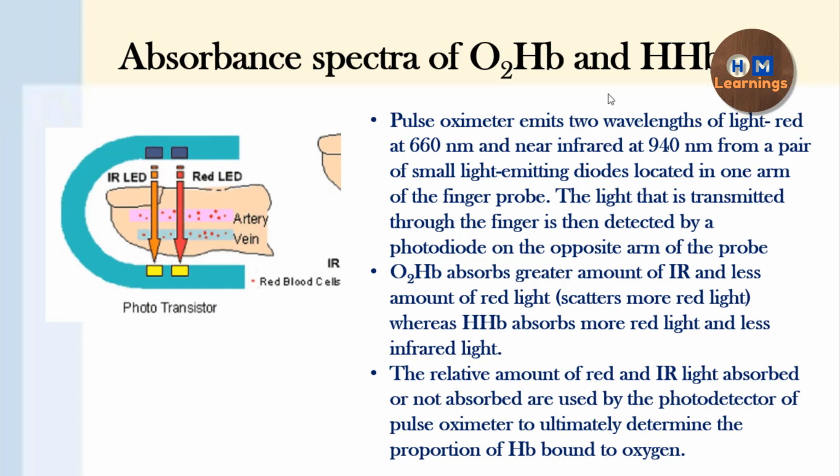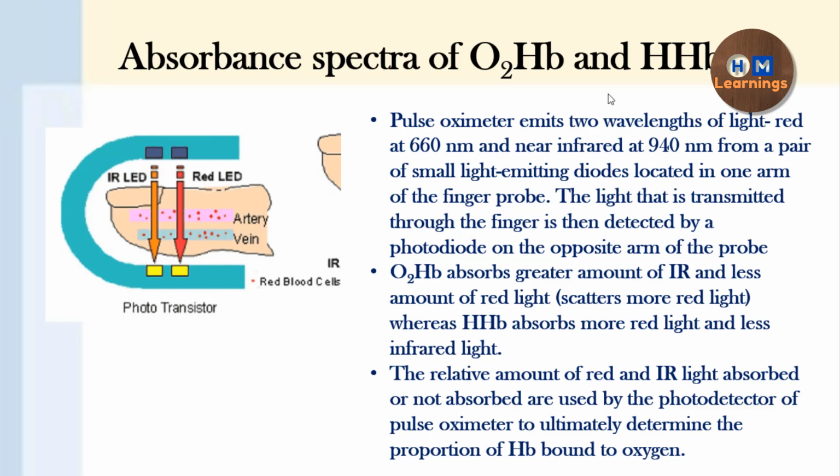So why does it happen? It happens because oxyhemoglobin absorbs light of a different wavelength and deoxyhemoglobin absorbs light of a different wavelength, and this is the principle of the pulse oximeter. It emits two lights of two different wavelengths, and one wavelength of the light is absorbed more by the oxyhemoglobin, and the other wavelength is absorbed more by the deoxyhemoglobin.